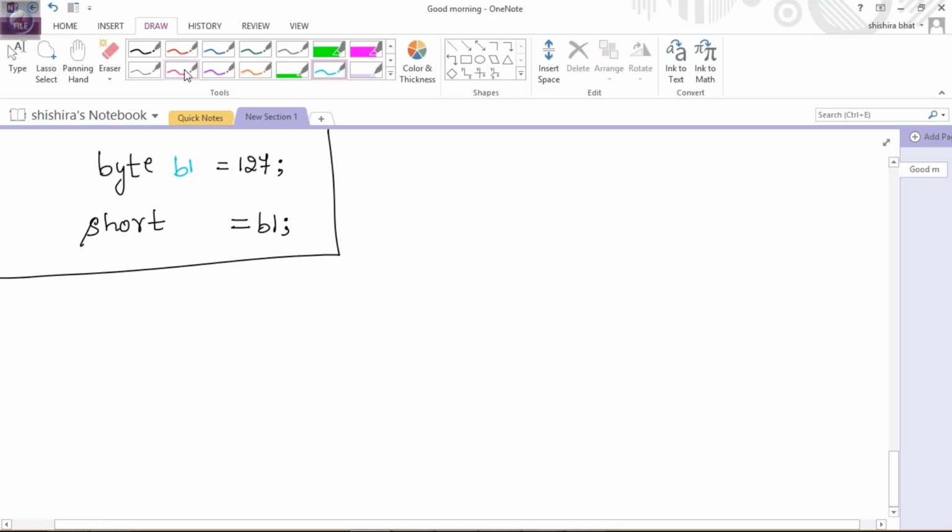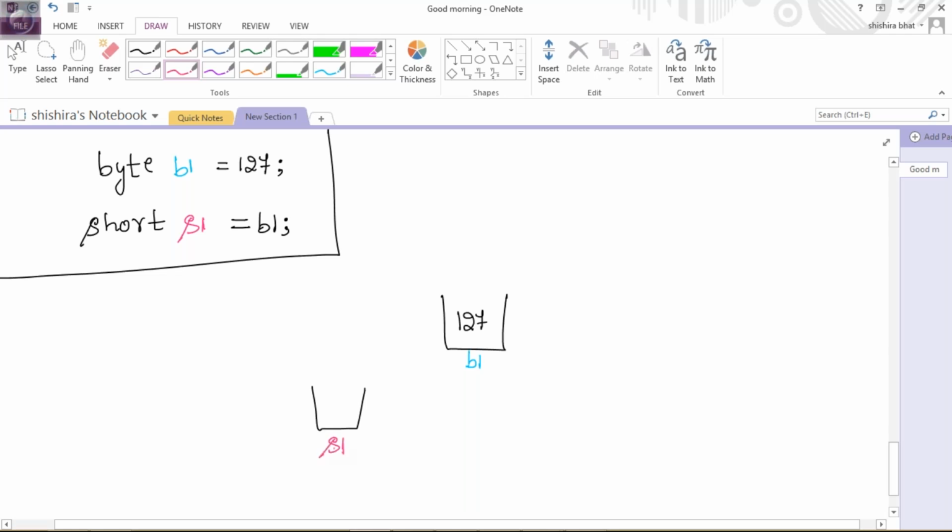For better understanding, I write like this. Okay. I use these colors so that you will understand in a better way. Now observe. I have something called B1 storing a data called 127. I have another one. The name of this is B1 and the name of this is S1.